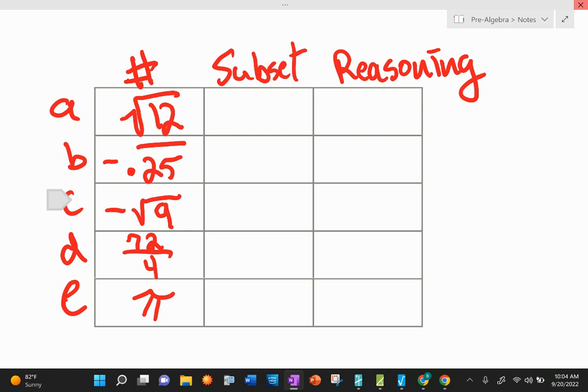So the reasoning: let's look at letter B. Letter B is negative 0.25 repeating. What category is it going to fit into? A repeating decimal fits where? In the rational numbers, so I would write rational.